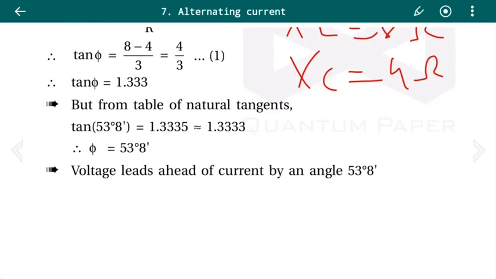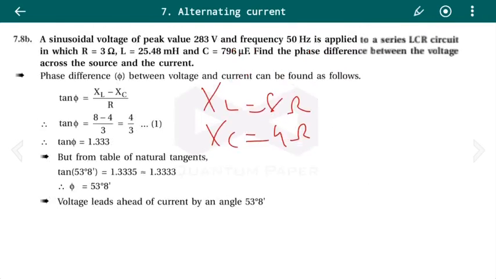So we get phi equals 53 degree 8 minutes. From this we can say that the voltage leads the current by an angle of 53 degree 8 minutes. That is, the voltage is leading the current by 53 degree 8 minutes. So students, you may note down this numerical.